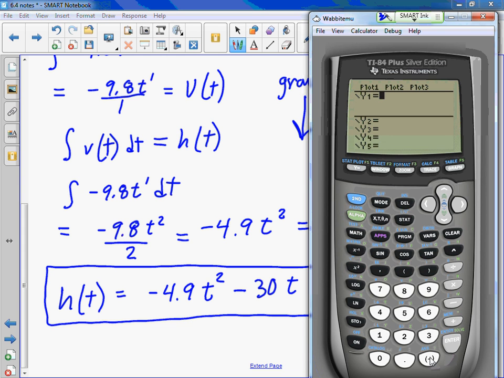So we can go negative 4.9. We don't have t, so we're going to say x squared minus 30t, x in this case, plus 375. And then we're going to have to set our window because it's going to be a lot. So 0 is good there.